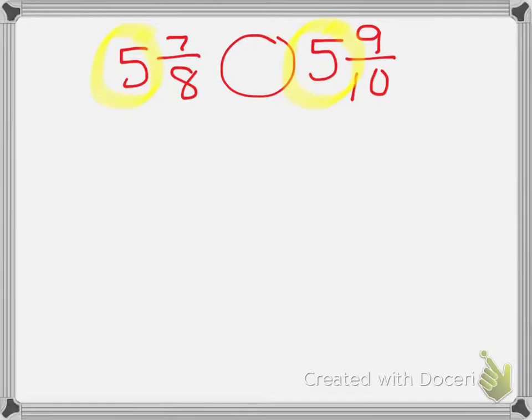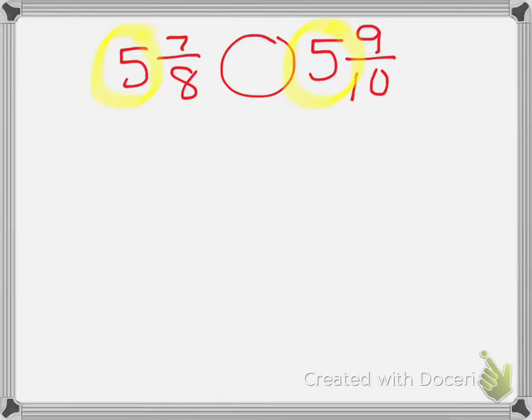Tenths are going to be smaller than eighths. So if we only have 1/10 to go to get to 6, that's going to be a smaller distance away from my whole than my eighth, which means it's going to be much closer to the 6 than 7/8 is going to be.